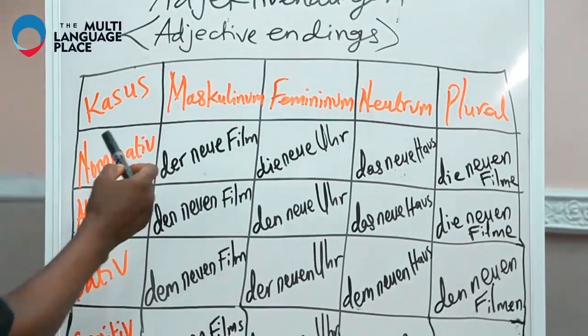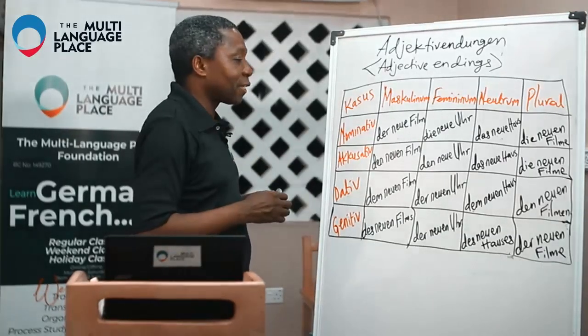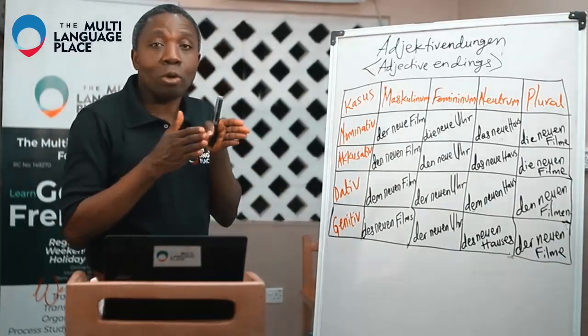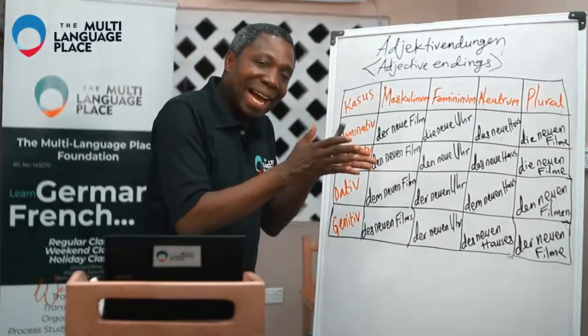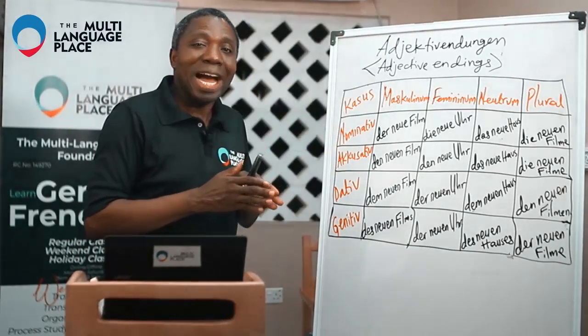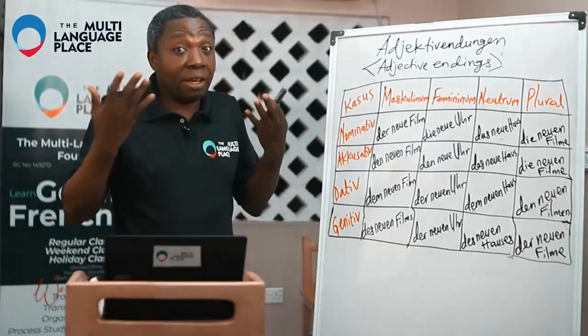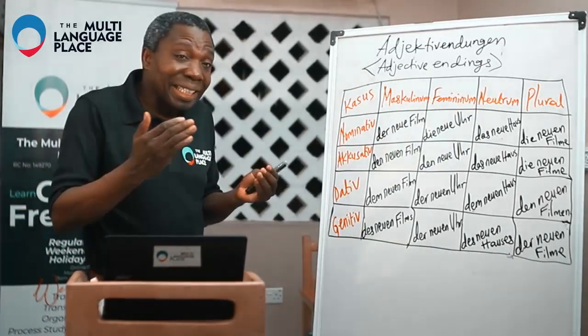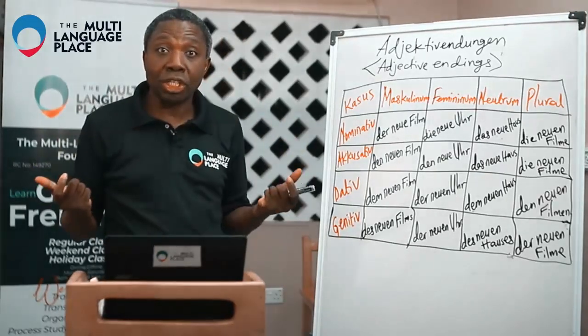This is masculine. What we are focusing attention on now is when an adjective comes between the definite article and the noun. Of course, we know Film is there, with der Film. But now when an adjective comes inside to qualify that noun, then there is a little change.